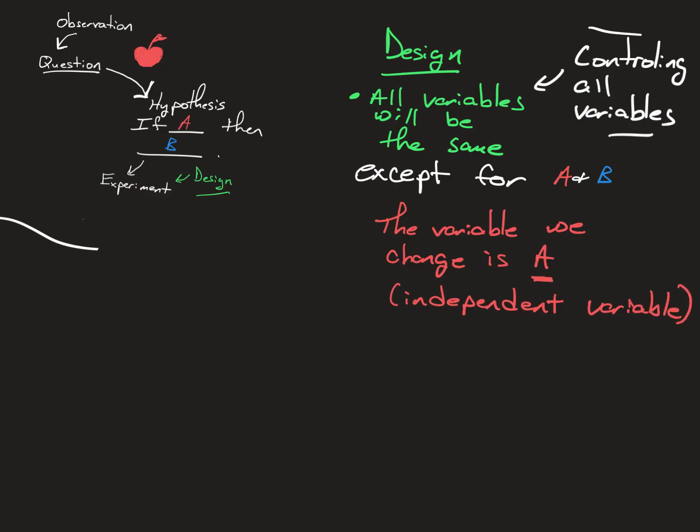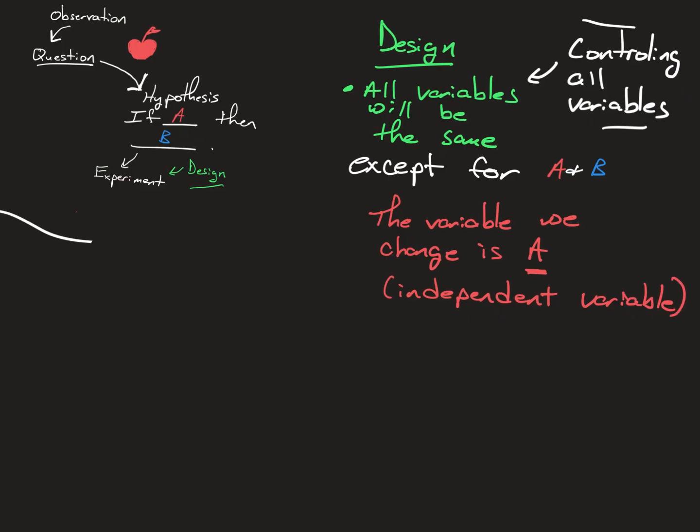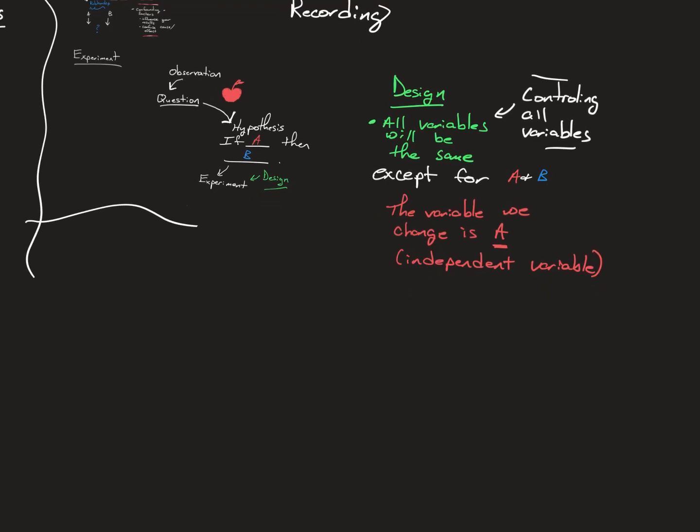If you've done your reading, maybe you covered it in middle school. If you've done your homework, that's certainly the independent variable. So that's the one we change, the one we control.